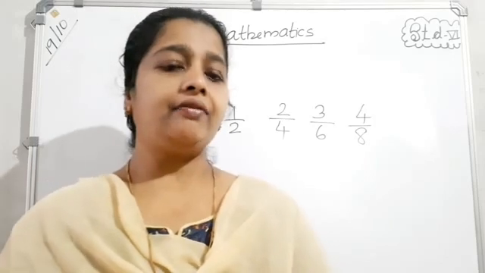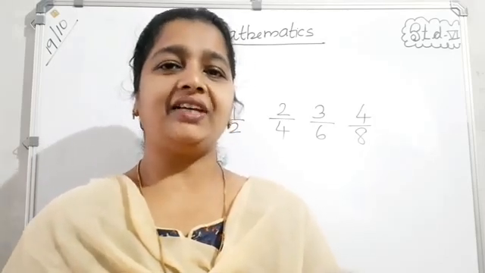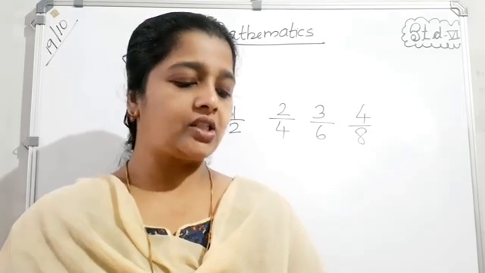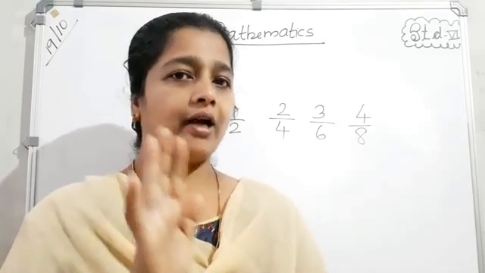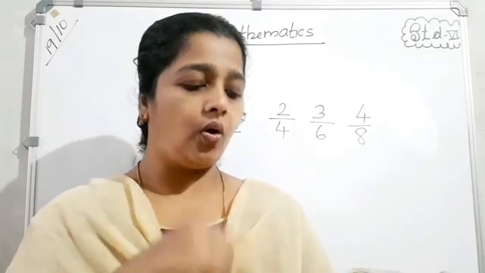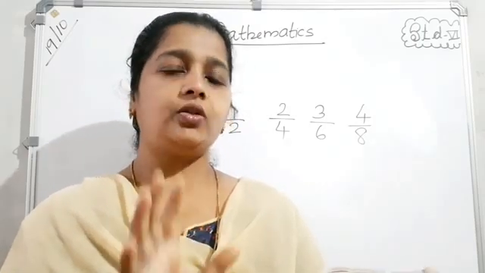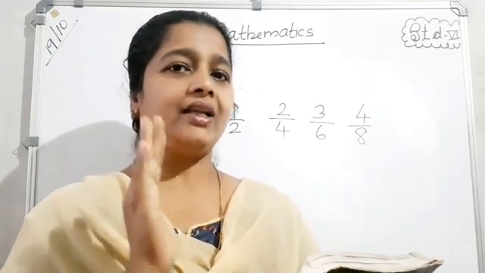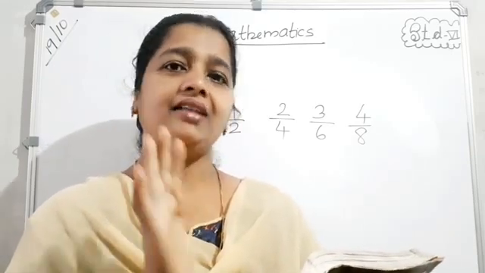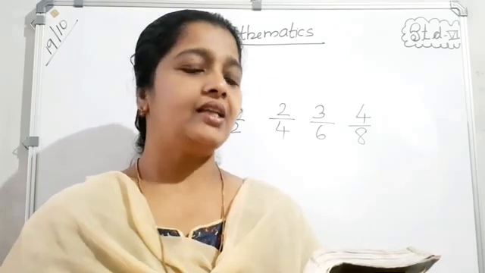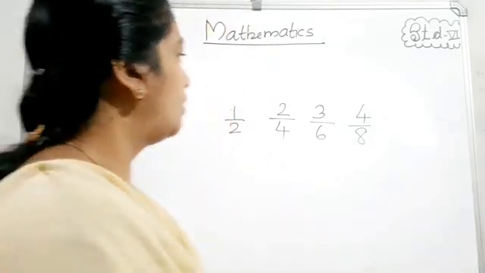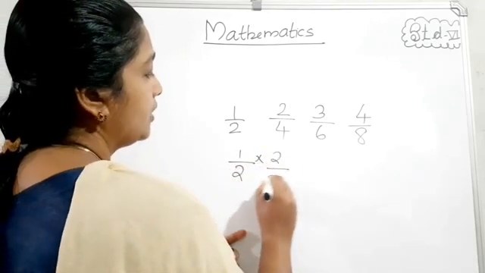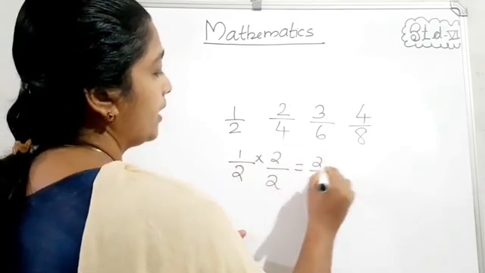Simply we can identify through these pictures, figures, isn't it? So we can identify that all these fractions are 1 by 2. The whole portion is divided into 2 equal parts, and the shaded portion is half. So we can understand these are equivalent fractions. We can check here also: 1 by 2 into 2 by 2 equals 2 by 4.